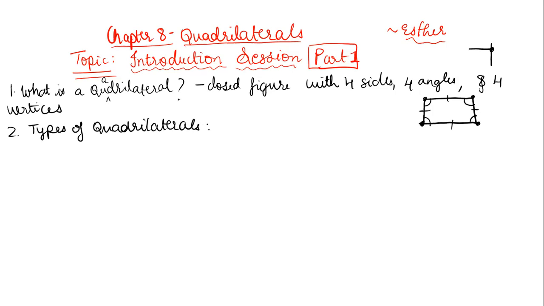There was a whole chapter on quadrilaterals where you studied in detail the different types of quadrilaterals, theorems, etc. In this chapter, we're not going into the details of all the quadrilaterals, but specifically looking at the details of some of them. So let's just generally know about the types of quadrilaterals.